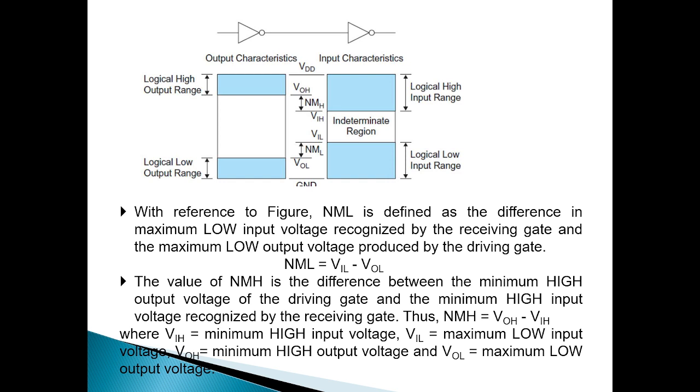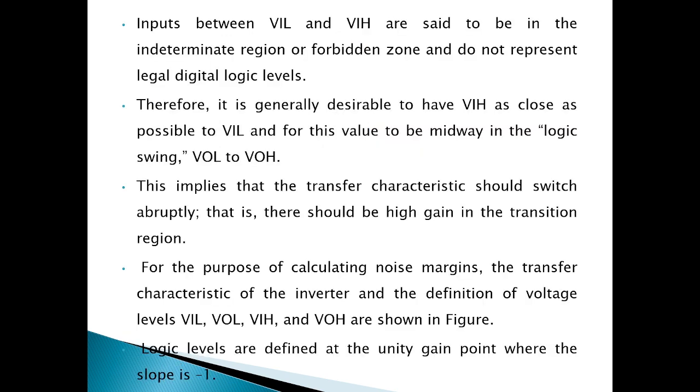Thus, NMH equals VOH minus VIH, where VIH represents minimum high input voltage, VIL represents maximum low input voltage, VOH represents minimum high output voltage and VOL represents maximum low output voltage.